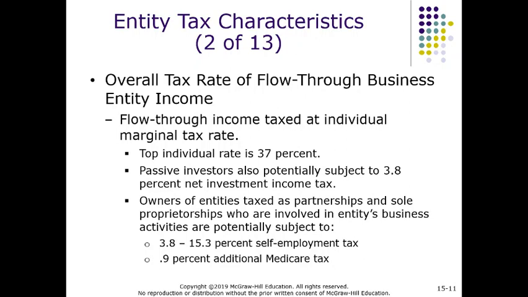Now, for the tax rate of a flow-through business entity, there is none for the entity itself, but the tax rate on the income from the flow-through business entity is whatever the individual's marginal tax rate is, which in 2018 and on, the top individual rate is 37%. And then there could be other stuff.